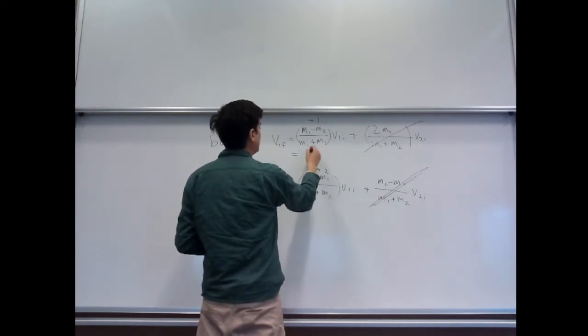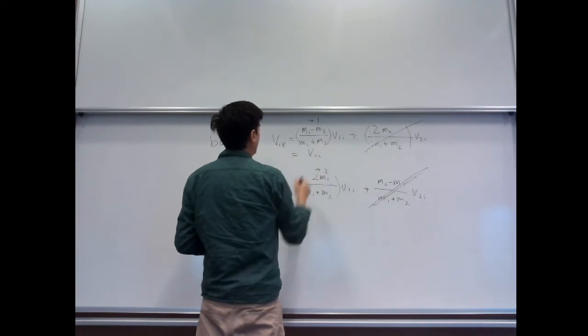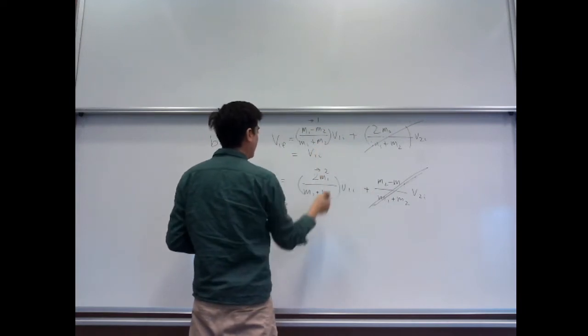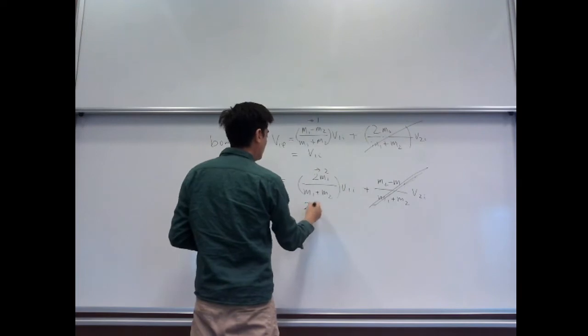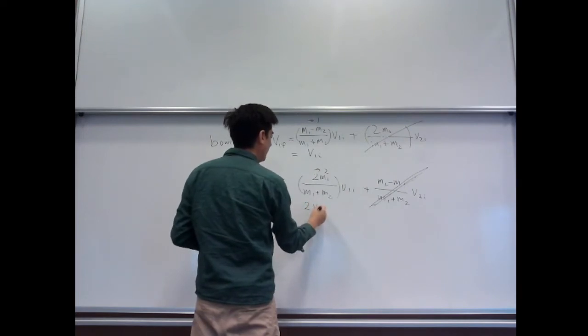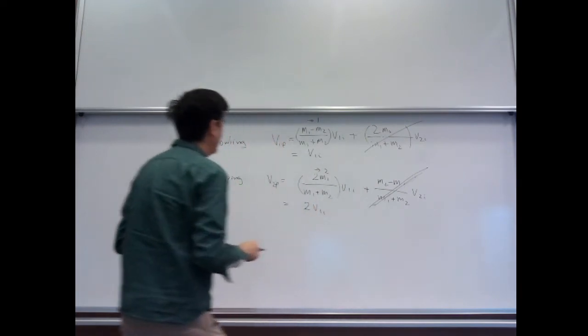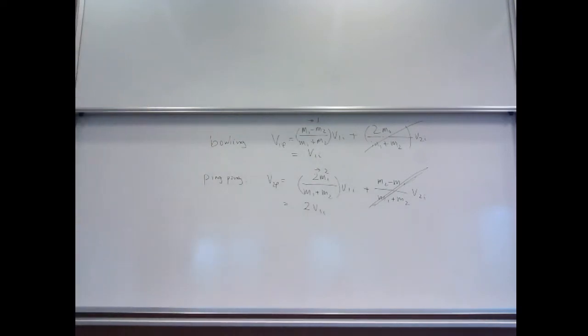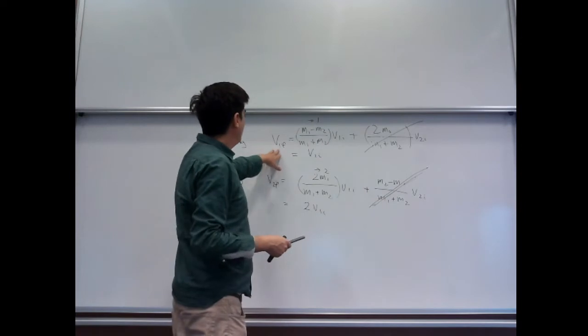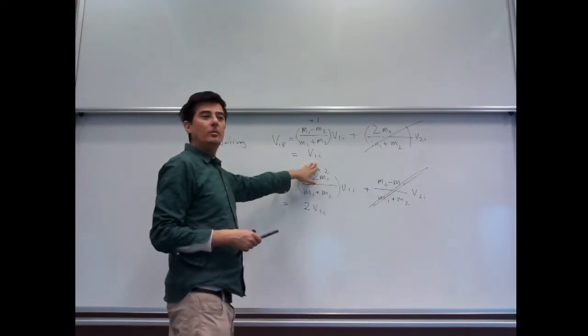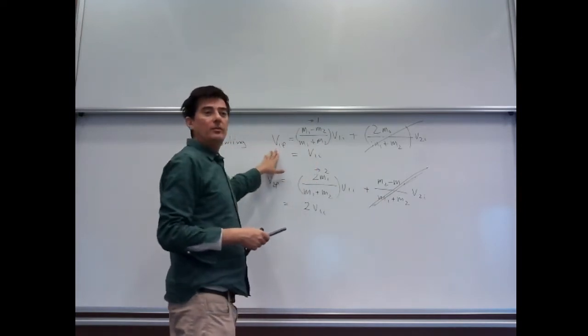So what happens is that V1F is equal to V1I, and then this is 2V1I. So what this is saying is that the initial velocity of the bowling ball is the same as the final velocity.